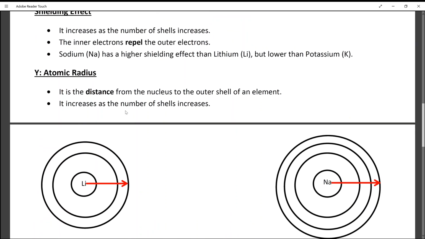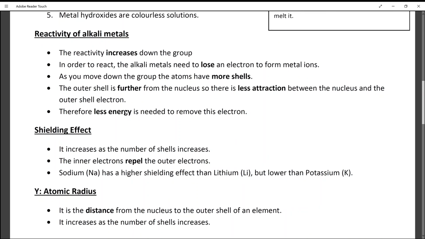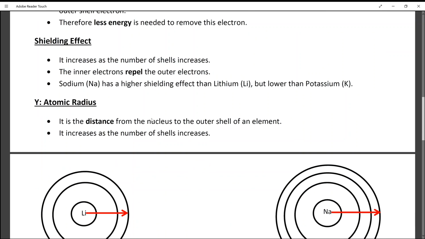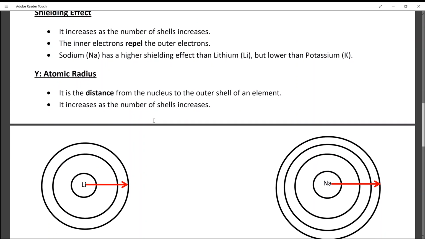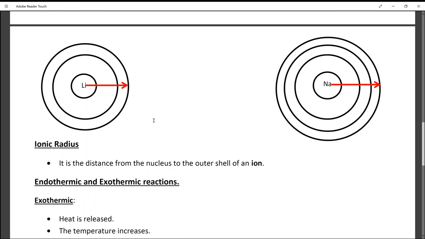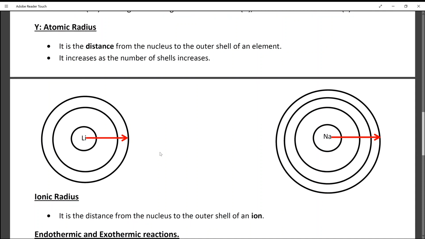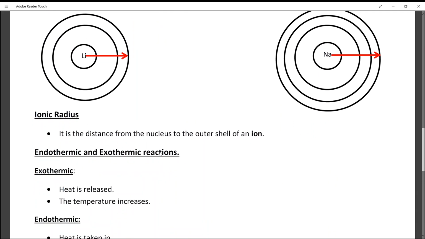You can also say, for example, while describing the reactivity of alkali metals, that it increases as the atomic radius increases. And ionic radius is exactly the same thing, but it is the distance from the nucleus to the outer shell of an ion. It's just a note here. Atomic radius is for atoms, ionic radius is for ions.